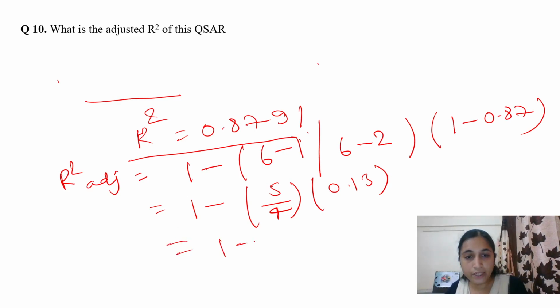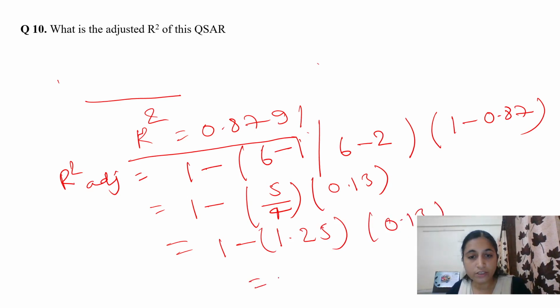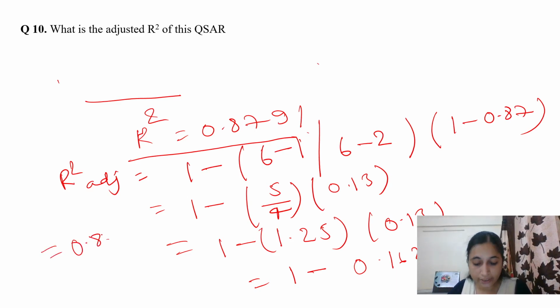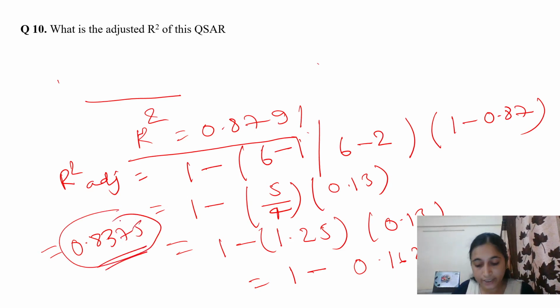So this will be 1 minus 1.25 times 0.13. So this will be 1 minus, how much will it come? 0.1625, and this will be 0.8375. So the adjusted R square value will be 0.8375.